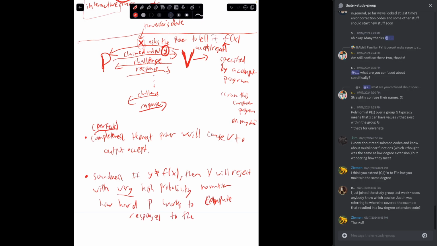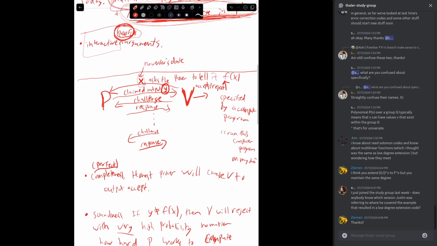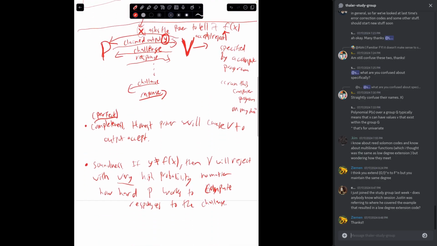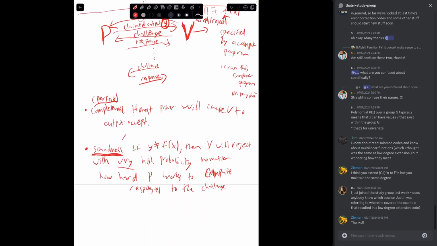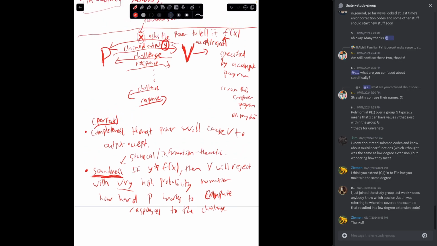Okay, and so here's the key point, and here's what I meant when I said I mean something very precise by interactive proof. This soundness notion for interactive proofs is what's called statistical soundness. Another word for that is information theoretic. And that means there's no cryptography here.